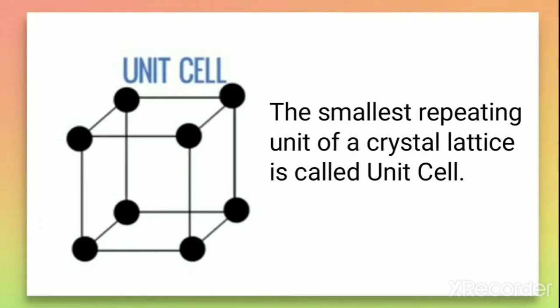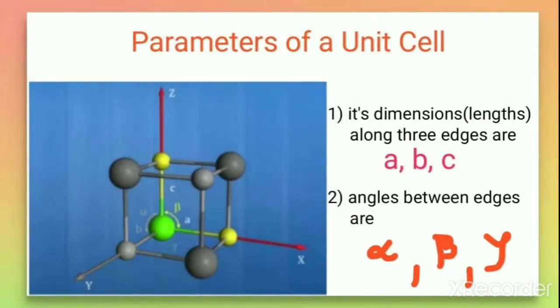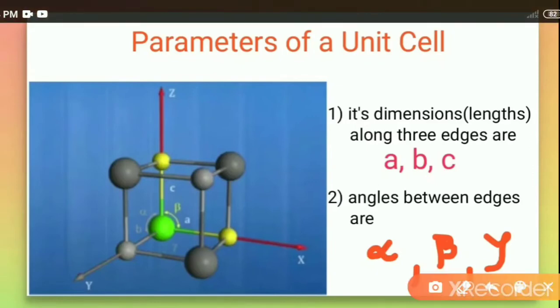Let us find what the parameters of a unit cell are. There are 6 parameters of a unit cell. Let us consider our unit cell as a cube. Now look at the figure. Here there are edges, and the length of each edge is marked as A, B and C. Let A be the length, B the breadth and C the height.